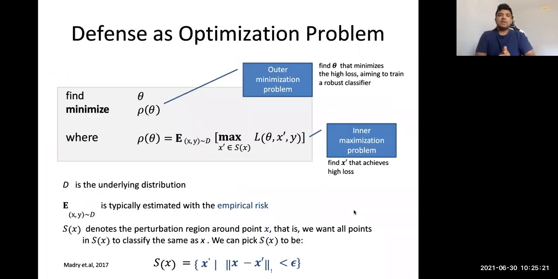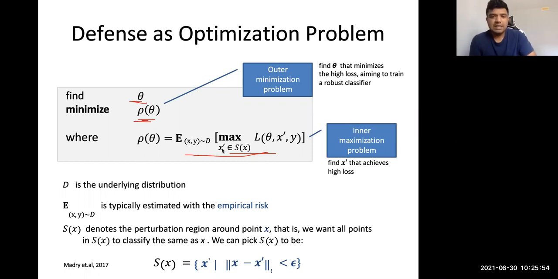So let's look at our defense. Similar to the attack, we are also framing our defense as an optimization problem. Our goal here is to find this theta, which you can think of as the weights of our neural network. We want to minimize rho of theta, which is the expected value of the maximum loss.